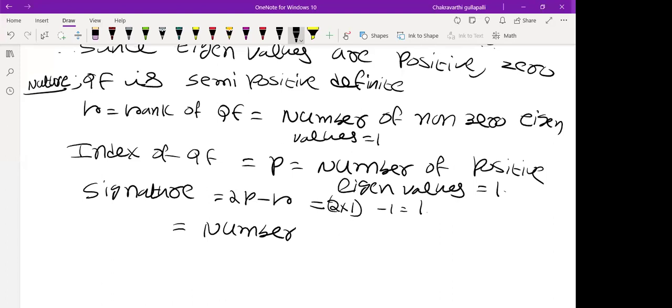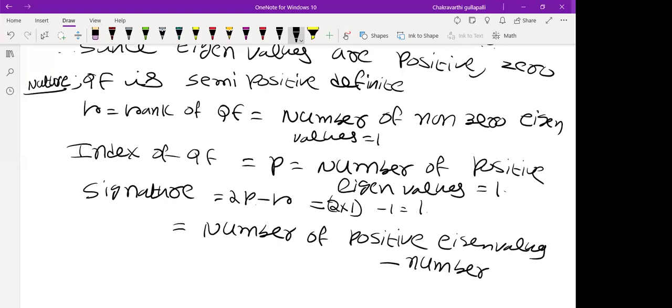I'll try to give you another. Number of positive eigenvalues minus number of negative eigenvalues. The other form is 2n minus p.